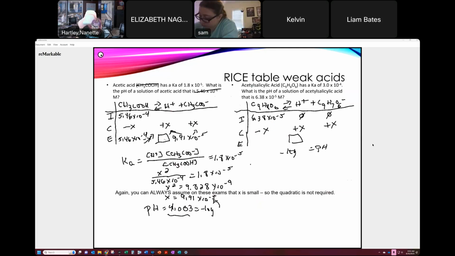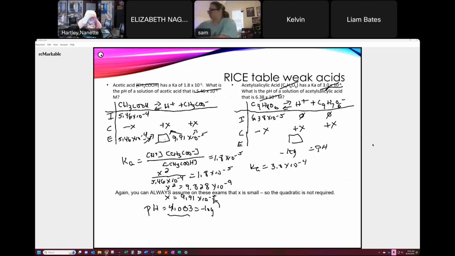The other thing that I know is that Ka for this is 3.0 times 10 to the minus 4th. That's the value that they gave me right here. So I've used the fact that I'm using that acid, I've used the fact that I have that concentration to start with, and I've now used that Ka value. So that takes care of all the numbers that I had.